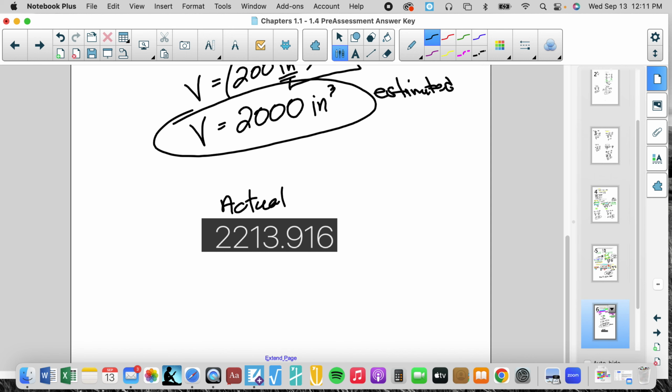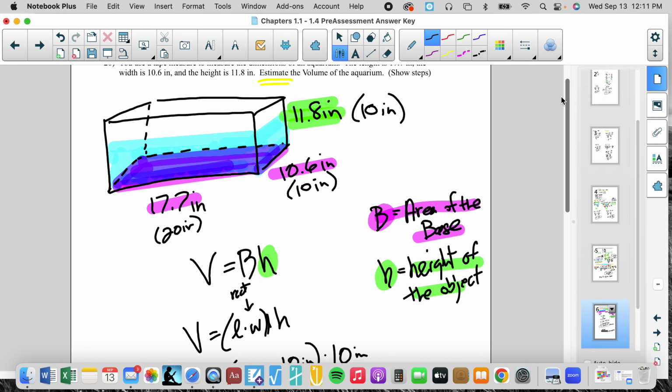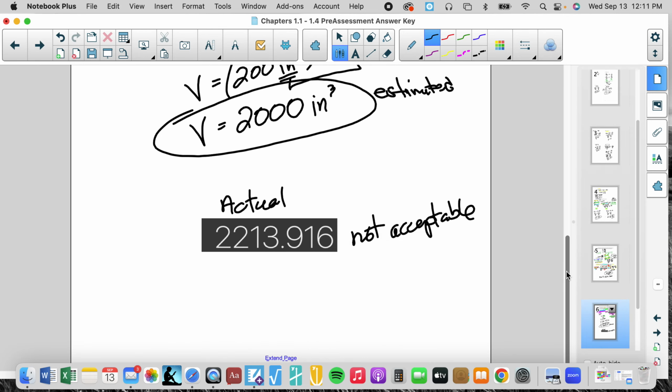The best answer, I cannot give this answer. Not acceptable. This is way too accurate for what I started with. The information that I was provided went out to the tenths place. So my answer can be no more accurate than the tenths place.